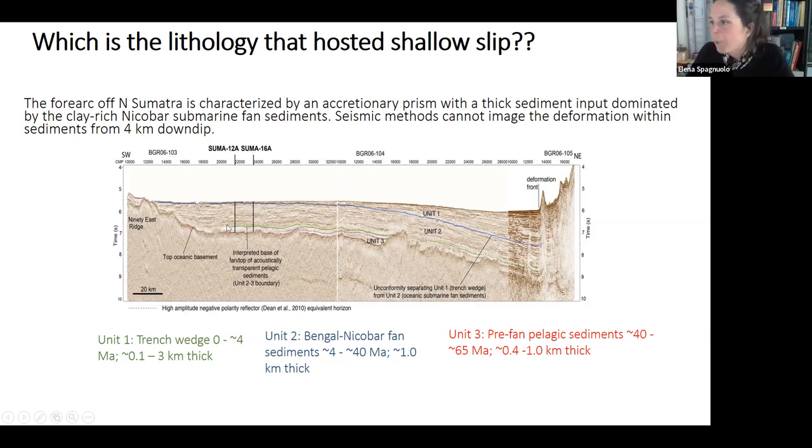So we know the type of units that were investigated here. It's possible to recognize a 3 kilometer thick unit of trench wedge sediments, one other unit which is called the Bengal Nicobar fan sediments of 1 kilometer thick, and the pre-fan pelagic sediments which are from 0.4 to 1 kilometer thick. So there is this distribution, but there are a lot of unknowns.